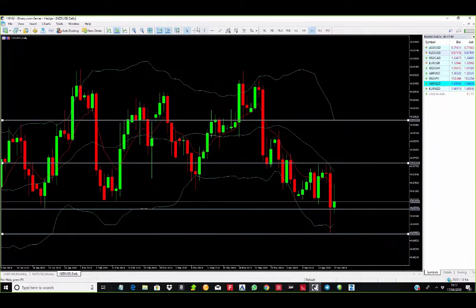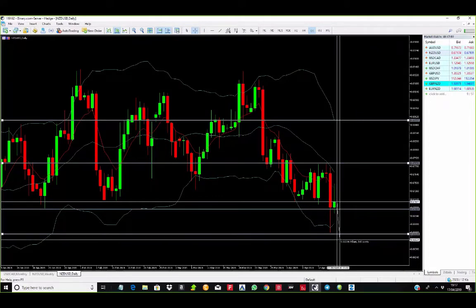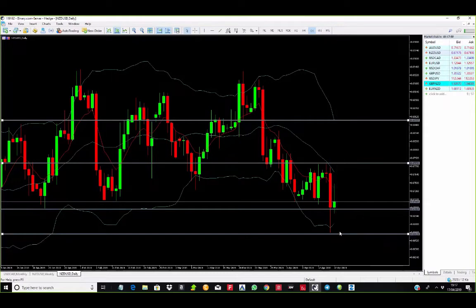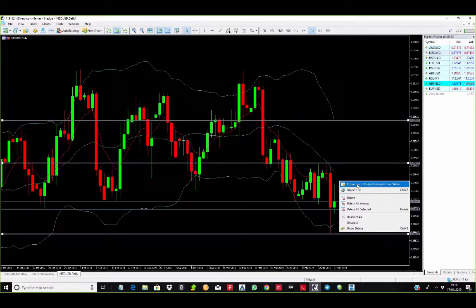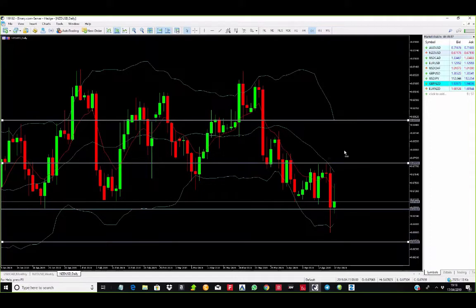So 65 pips is going to take the price down to approximately 0.665. So let's just drag that lower. Okay, there we go. And we've got our take profit around 0.6855 just above, so we can remove that.